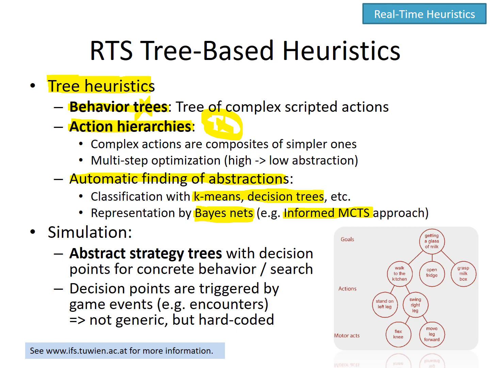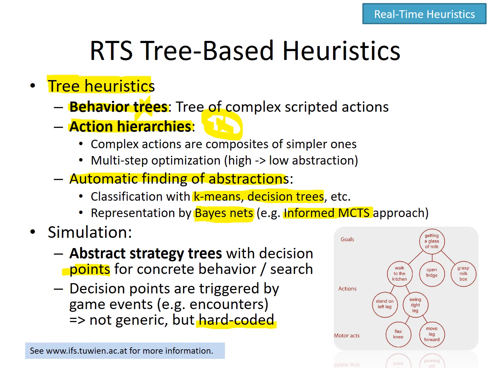real-time game. Okay, in the area of simulation, when it comes to the playout, one important concept is to trigger a particular behavior based on certain decision points. These can usually be hard-coded. They are usually not generic.